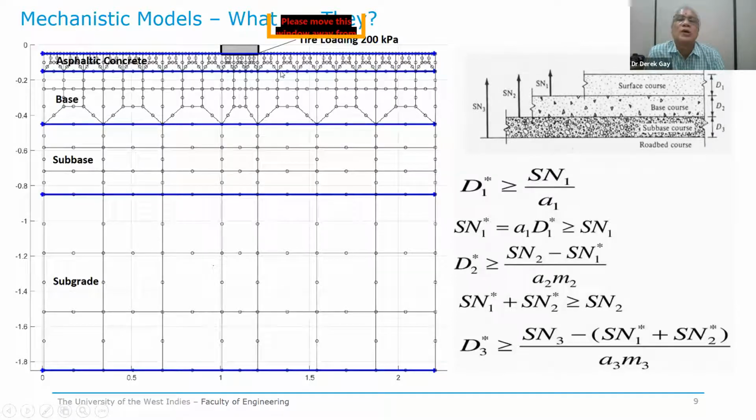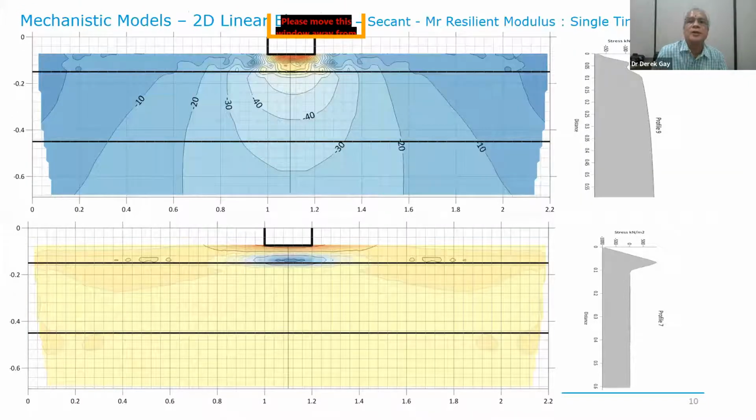that value. Now, what I'm going to show is when that stiff layer receives the load, it does a very good job of creating a sort of shell and containing the stress in that layer, as you see from this model here.